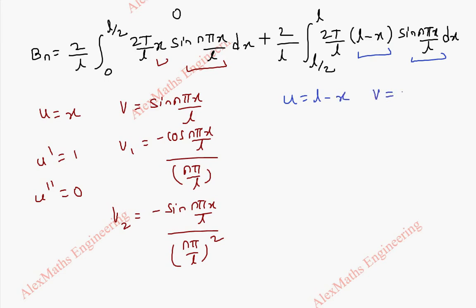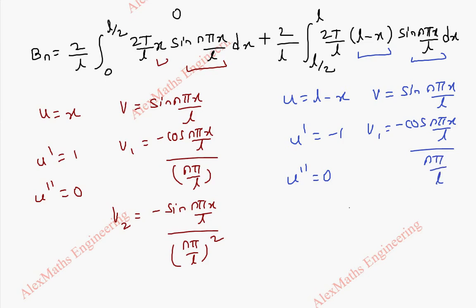So we have written u and v alone. Now u' will be −1, u'' will be 0, and v1 is −cos(nπx/L)/(nπ/L), and v2 is −sin(nπx/L)/(nπ/L)².